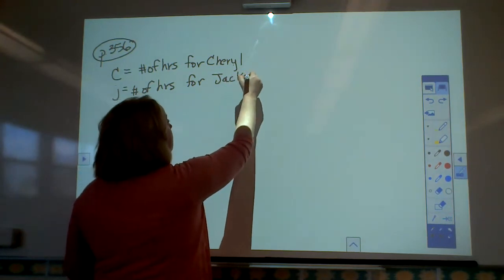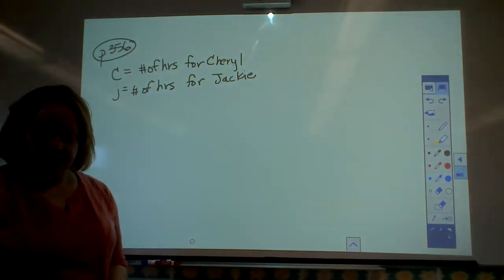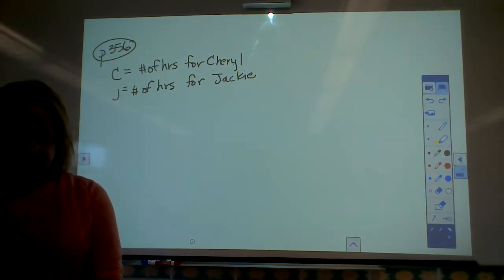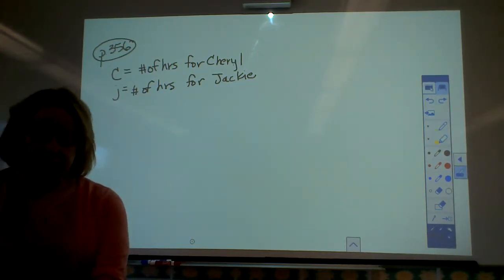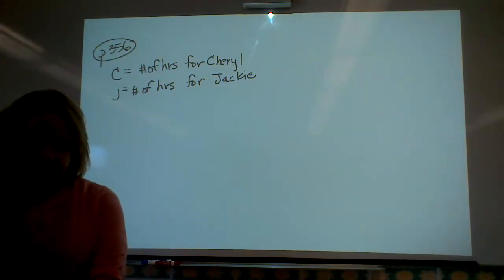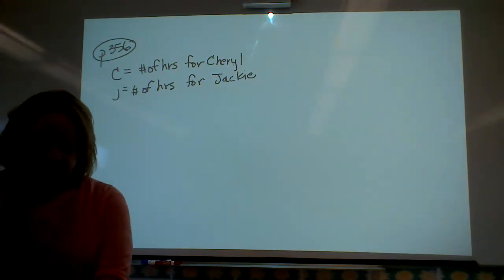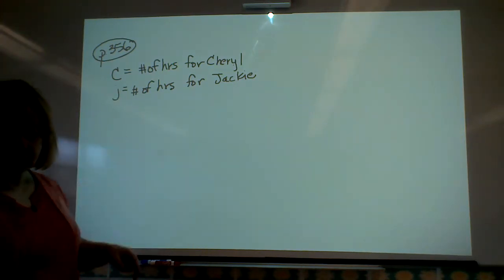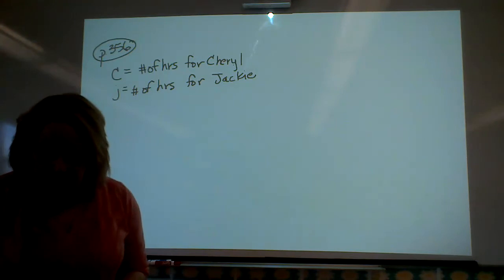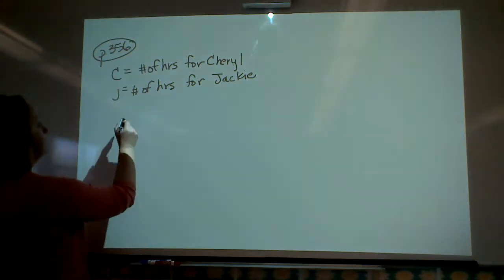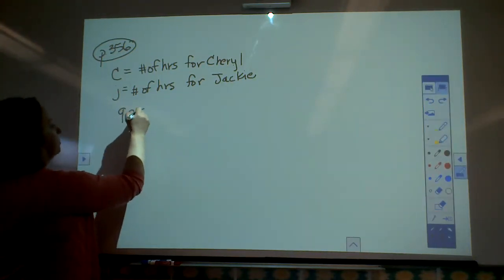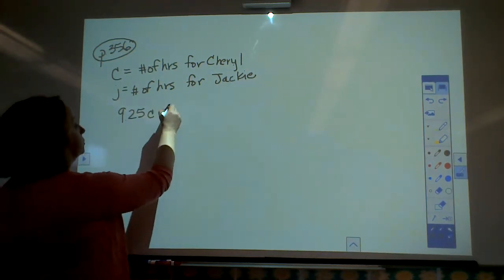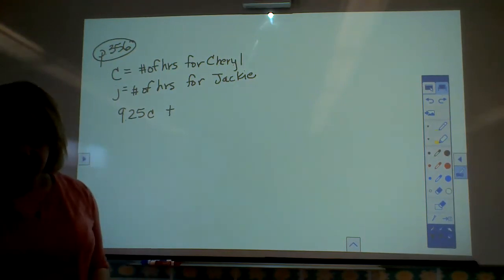Okay, so let's see what the first sentence says. Jackie earns $8.75 and Cheryl earns $9.25. Together they earned $334.75. So this is how you write it. Cheryl earns $9.25, so it's going to be 9.25 times however many hours, plus, what's Jackie's salary?